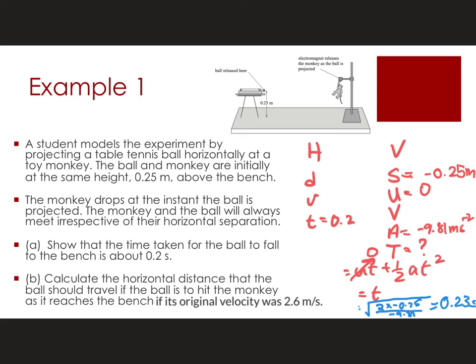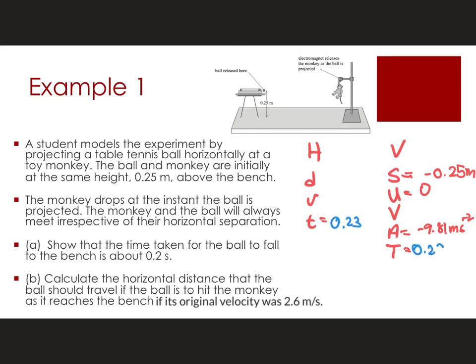So I'm going to erase my work here and let's start on part B. Now we can actually use our value from the first part, and instead of just putting 0.2, I'm going to use my value of 0.23. It says here to calculate the horizontal distance that the ball should travel if it's to hit the monkey before it reaches the bench.